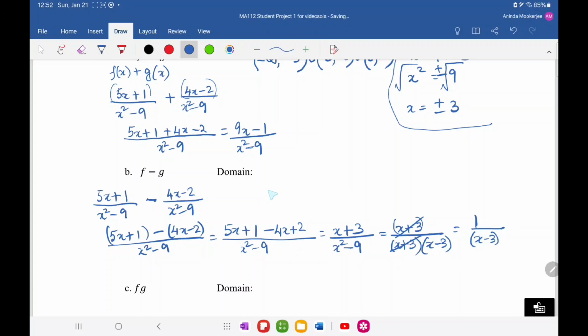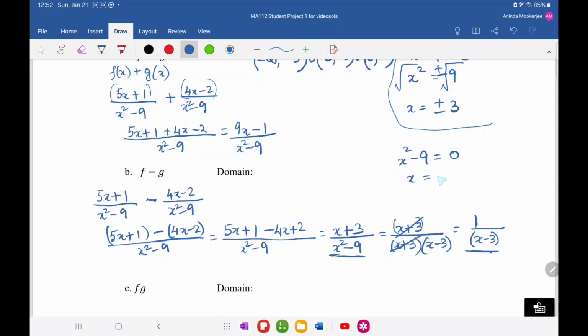However, when you write the domain, you have to look at this denominator, x squared minus 9, and not just x minus 3. Same process as we worked in the addition before. Just take your x squared minus 9 and make it equal to 0.